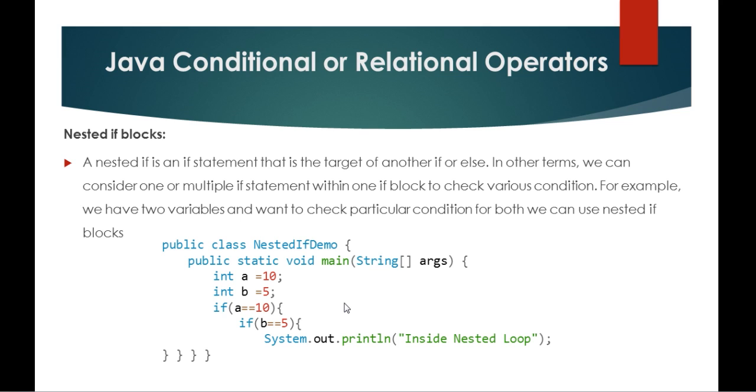We can use a nested if block. So we have here a variable A with the value of 10, a variable B with the value of 5. If A is equal to 10, if B is equal to 5, system dot out print line inside nested loop. So, ang magiging output neto is inside nested loop.